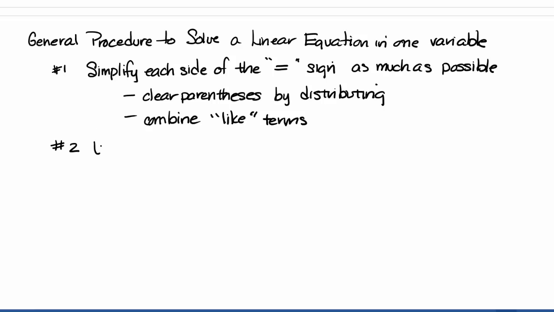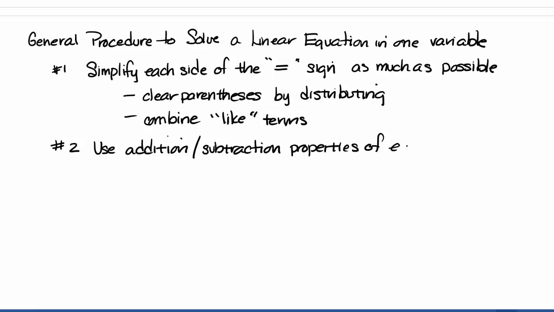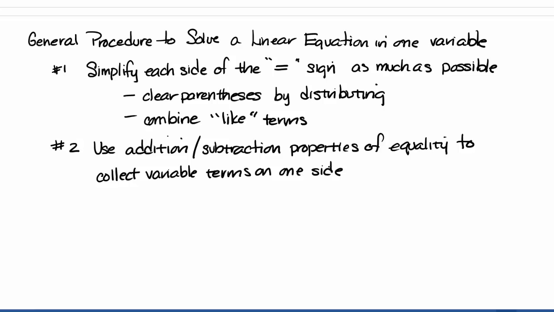The second thing we're going to do is use the addition or the subtraction properties of equality to collect variable terms on one side of the equal sign, right?